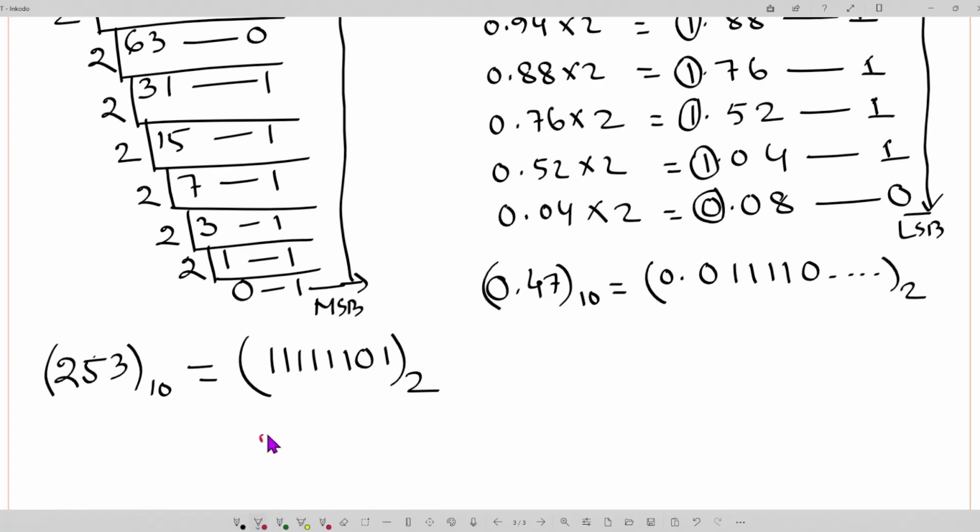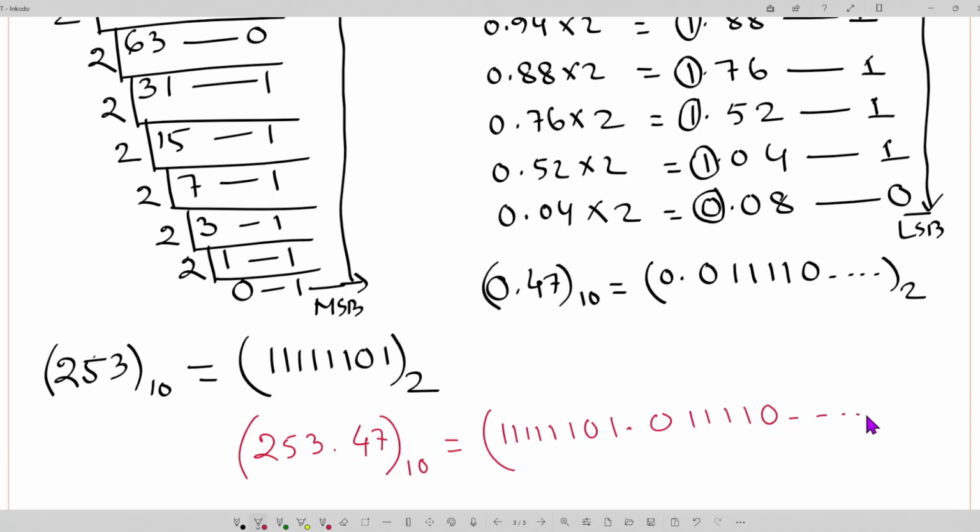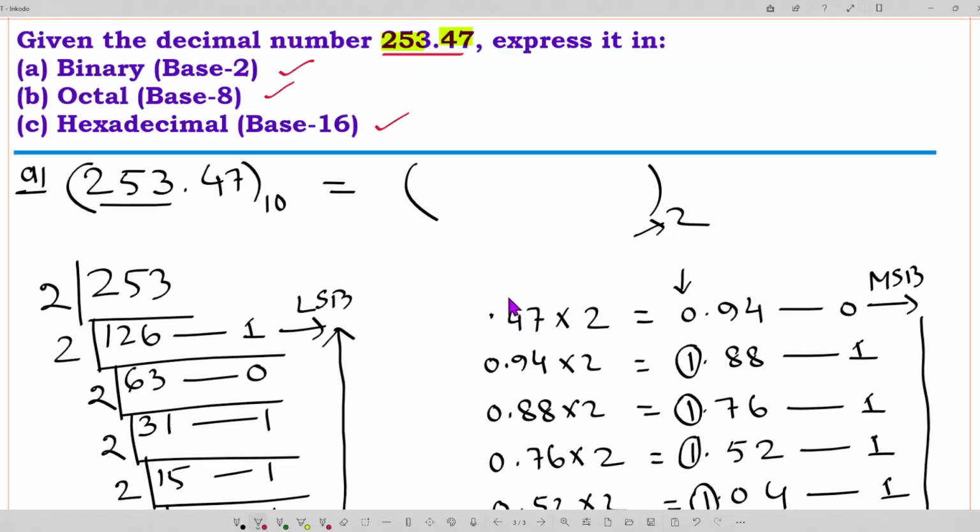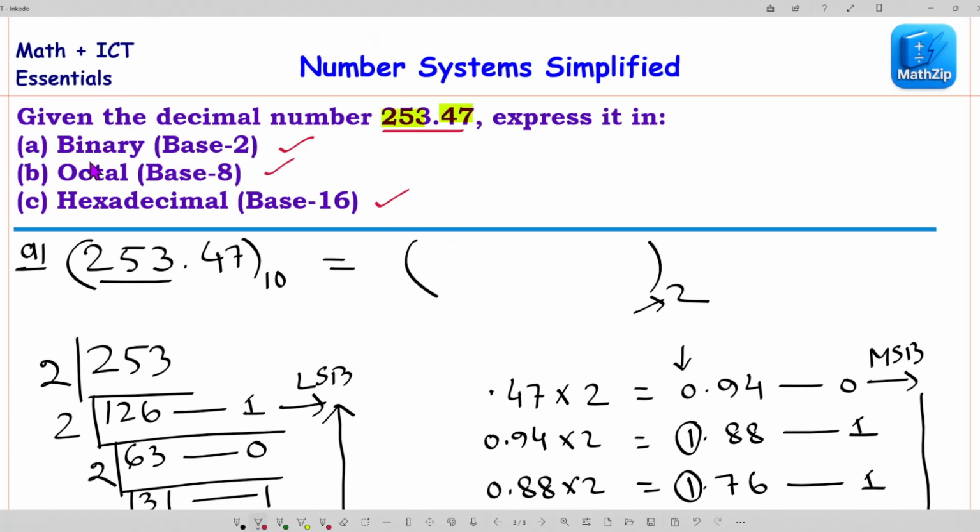Our result is 253.47. This is a decimal number and finally we get 11111101, then the decimal point, then 011110 dot dot dot, and this is the binary sign.